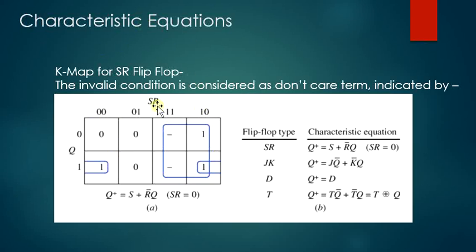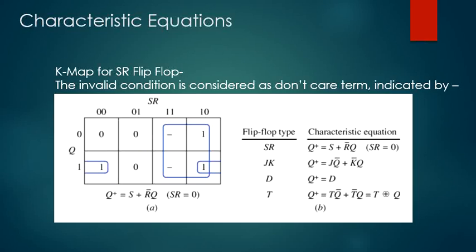So from this particular Karnaugh map, I can say that the case of SR equal to 0, 0 is included to make sure that both S and R signals should not be equal to 1 simultaneously for the proper operation of the SR flip-flop.